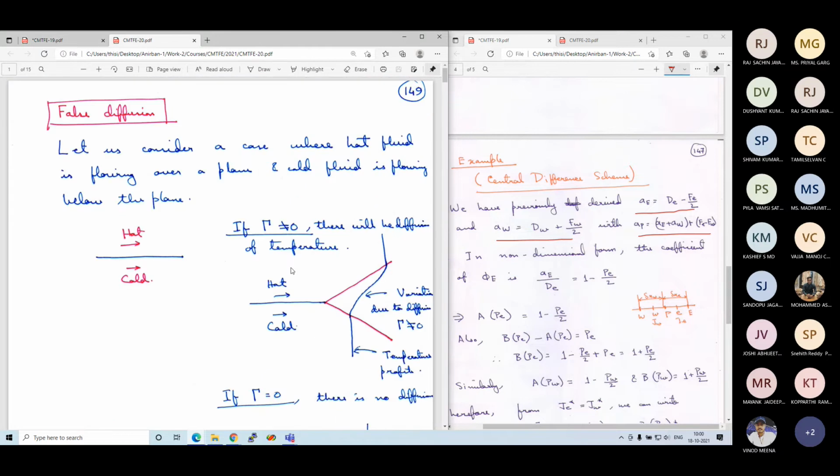Let us continue. So this is what we had to discuss regarding the discretization of the convective term. At this point, if you know the velocity field, you should be able to calculate the velocity at all the interfaces by interpolation. Say the velocities are stored at the grid points.